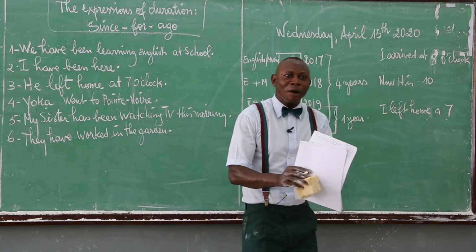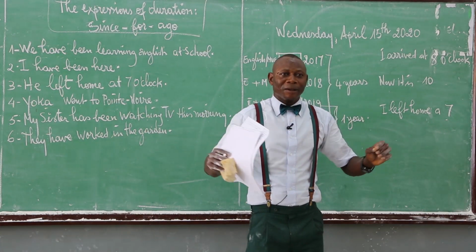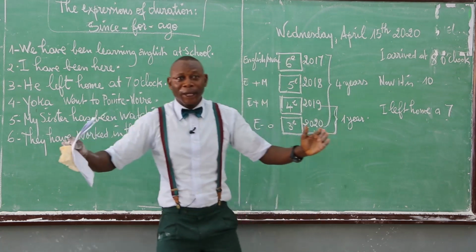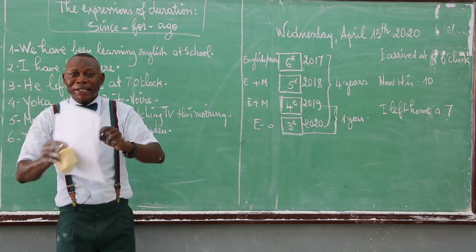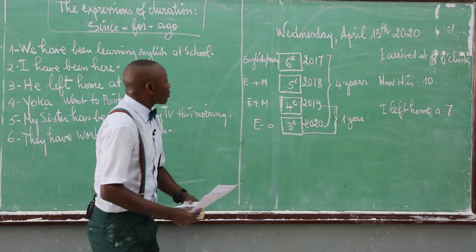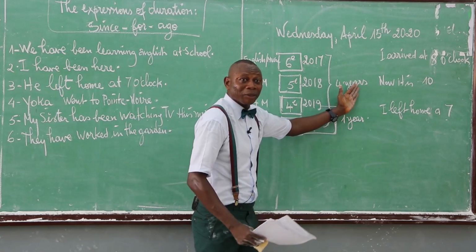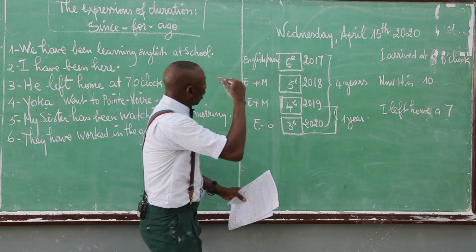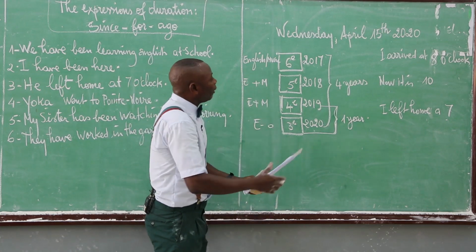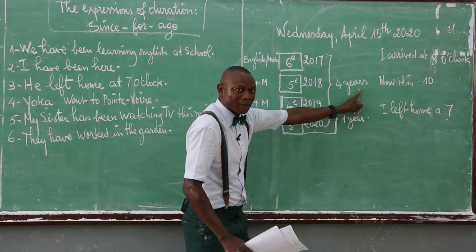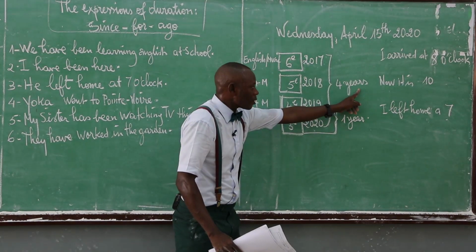Here I give now the length of time, okay? So the duration, the period of time, okay? Not the starting points, but the period of time, the length, time in length, okay? So we have spent 4 years. Do you understand? So we say that we have been learning English at school for 4 years. Right?